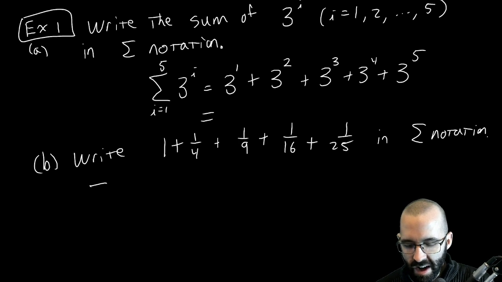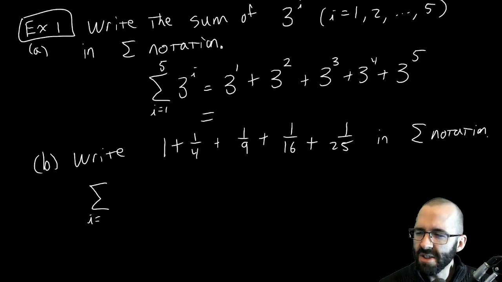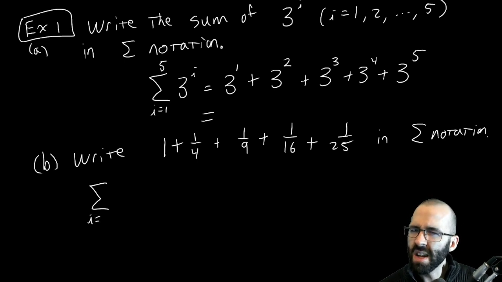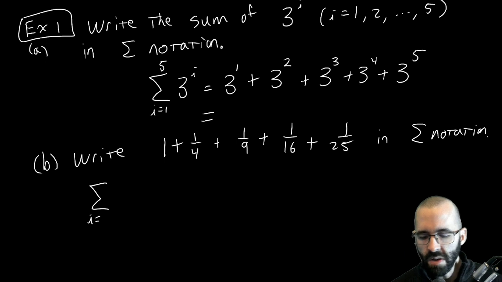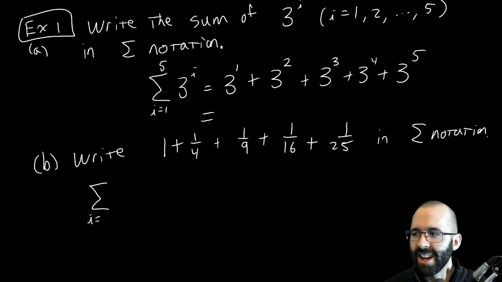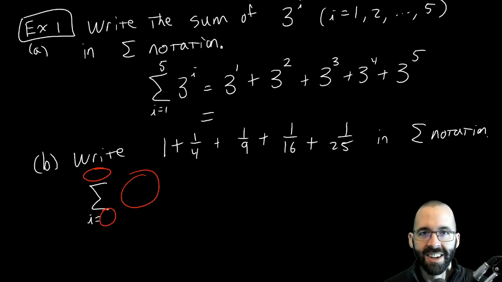I know the answer is going to look like this, and I'm going to choose i. i doesn't have to start from 1. A lot of times it does. A lot of times it starts from 0, 2. But it can start anywhere. And we don't know where we're ending. So this is the easy part. We need to figure out what goes up here, what goes here, and what goes there.